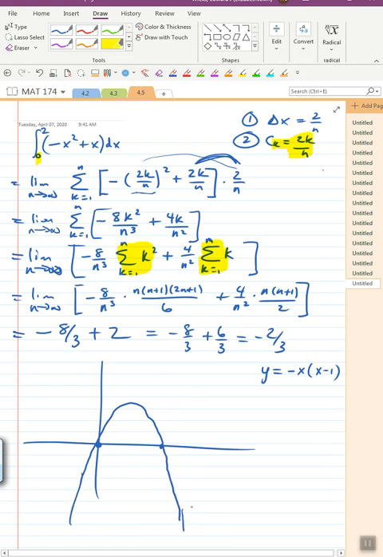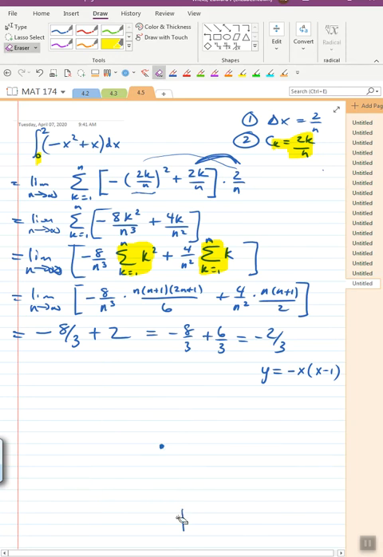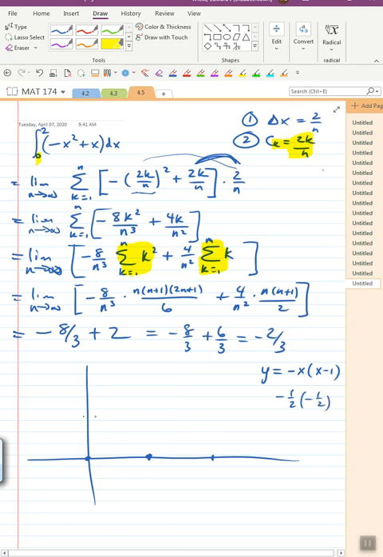Again, sloppy graph and not proportionally correct. In fact, it's really bad. It's so bad that I don't mind a rough graph, but that's a little too rough. So let's see, 0, 0. If you plug in 1/2, it's going to be negative 1/2 times negative 1/2, so it's going to be 1/4.